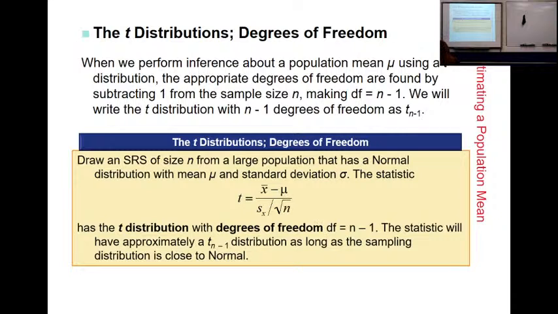The degrees of freedom is basically how many elements in my set of numbers are free to vary.